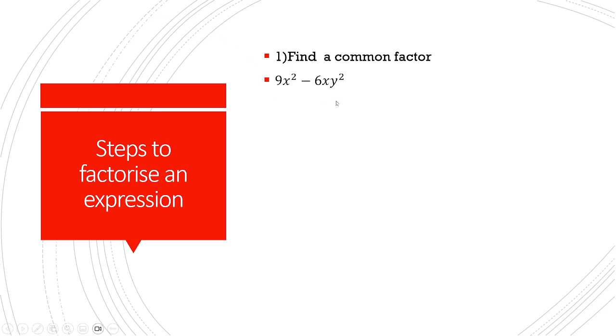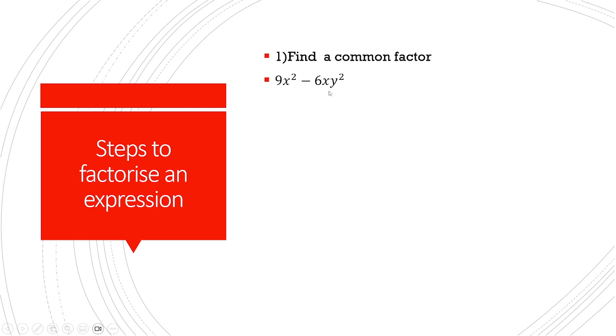Well, I will tell you, but you can see it in these two terms, because this is a binomial, as it has two terms, which are 9x squared and negative 6xy squared. But x is a common factor in this expression because x appears in both of our terms.